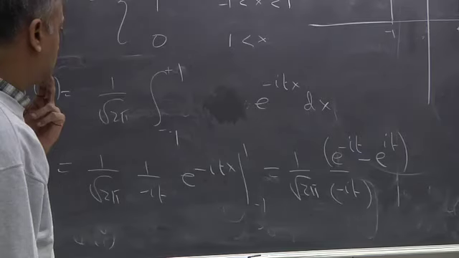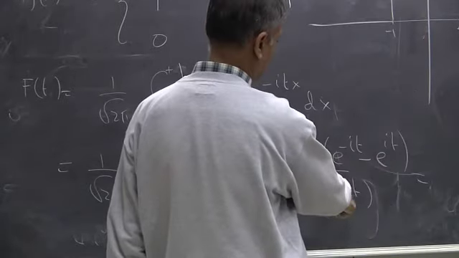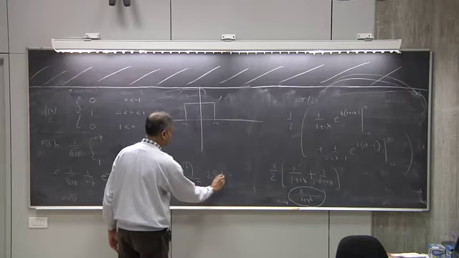Which is just 2i minus 2i, so 2 sine t over root 2 pi t.